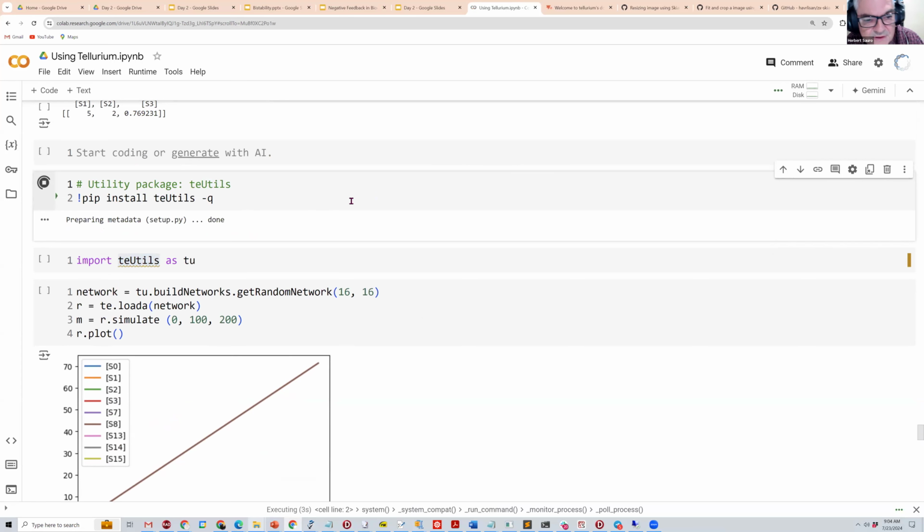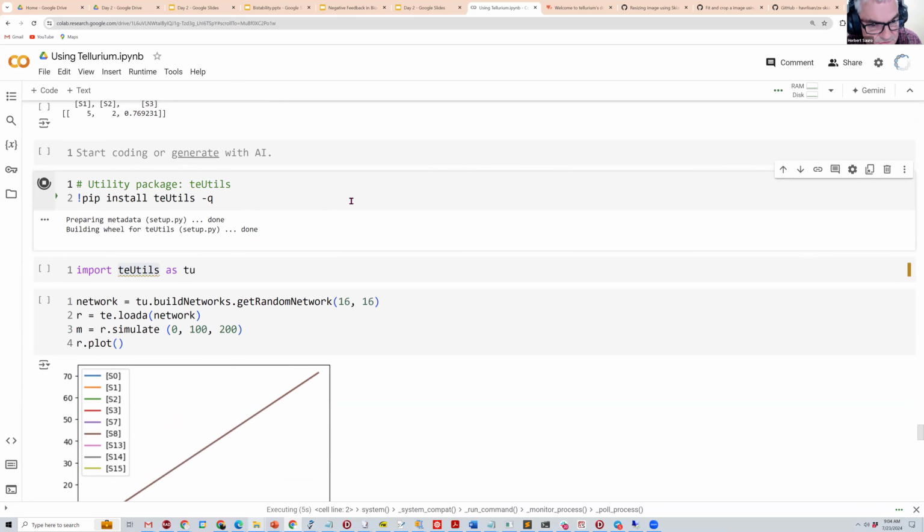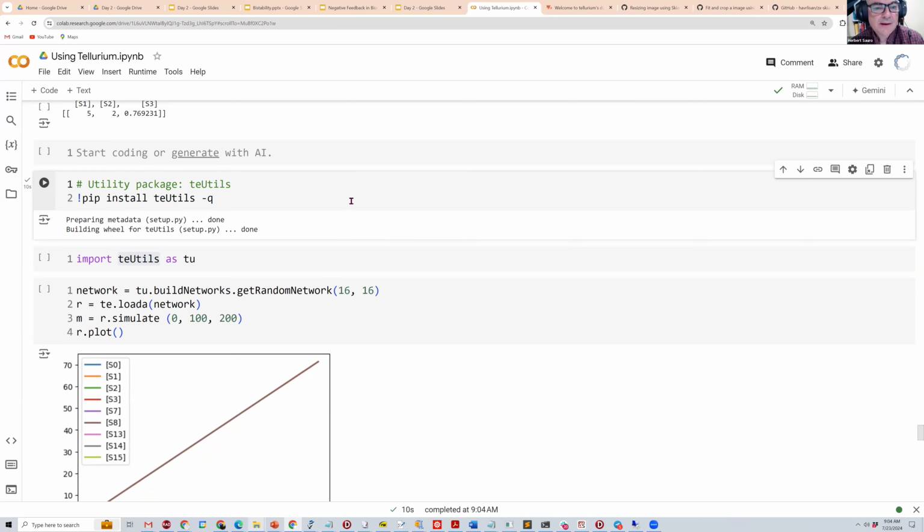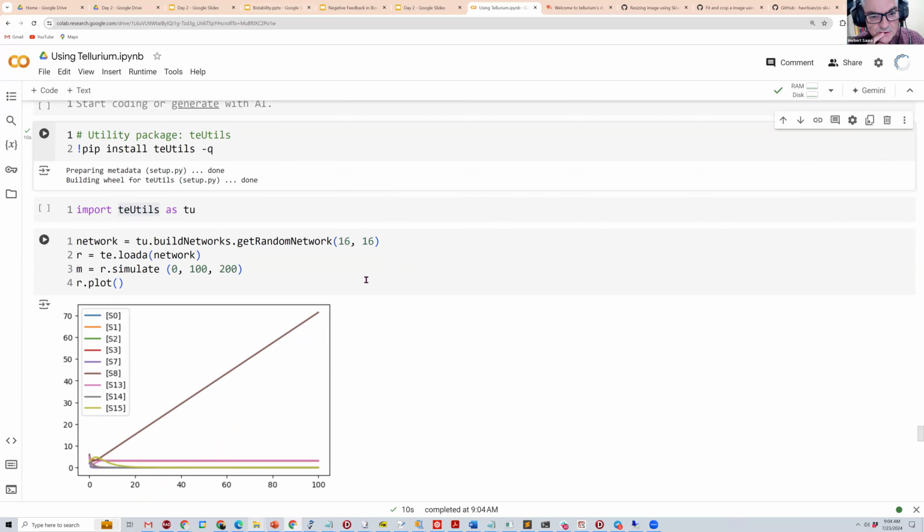I'll just show you some things that it can do that might be useful to you. One thing it has is a lot more plotting options. And it also lets you generate random models, right? Random networks.